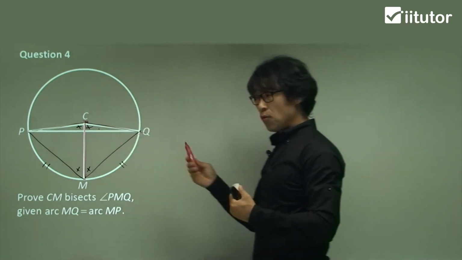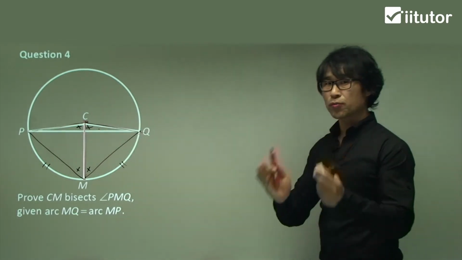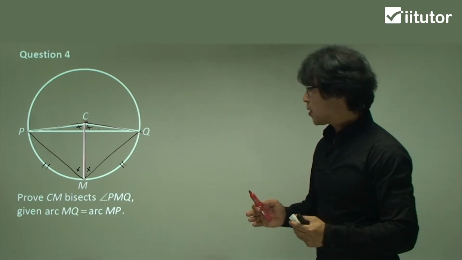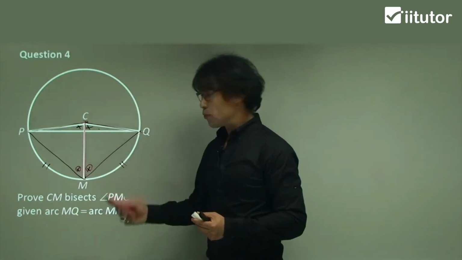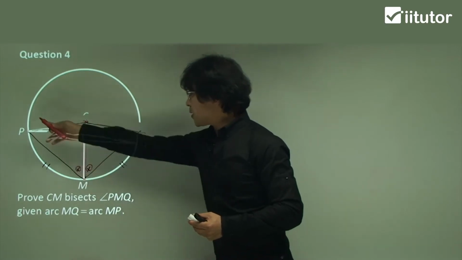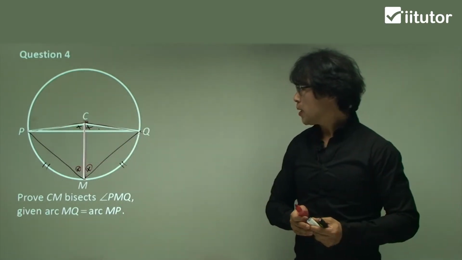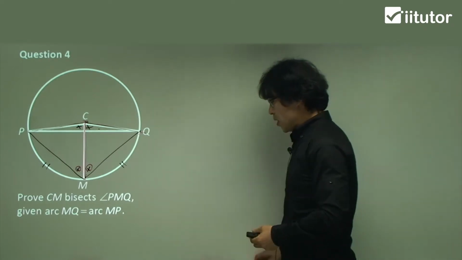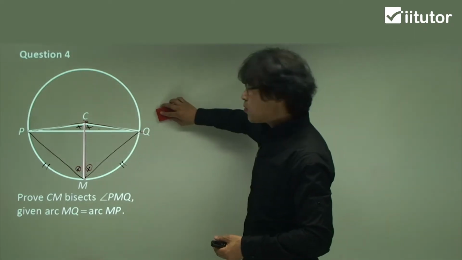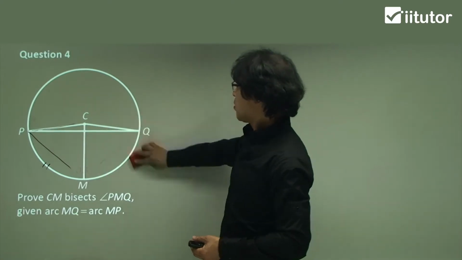So therefore, two triangles are congruent. They're exactly the same. Therefore, the corresponding angles must be equal, which means CM bisect the angle PMQ. That's what I like to do. Make sense? Okay, we'll try to move on in writing properly.